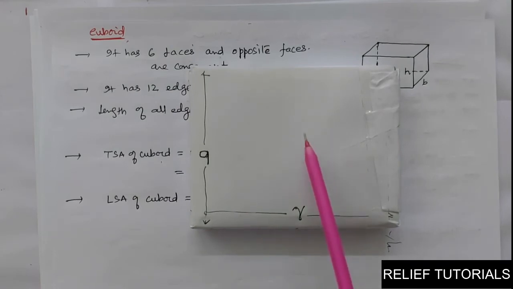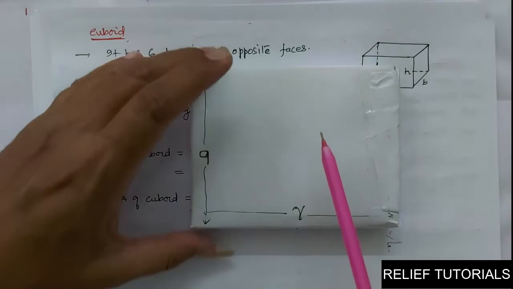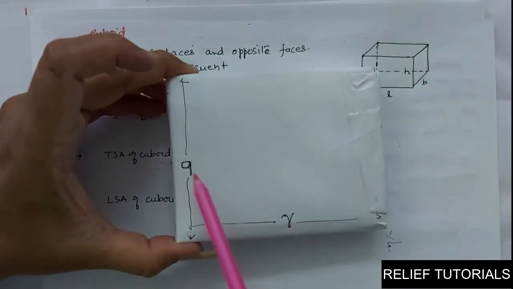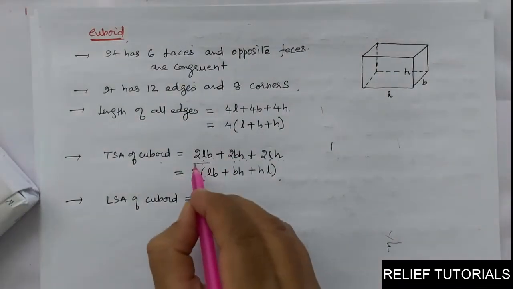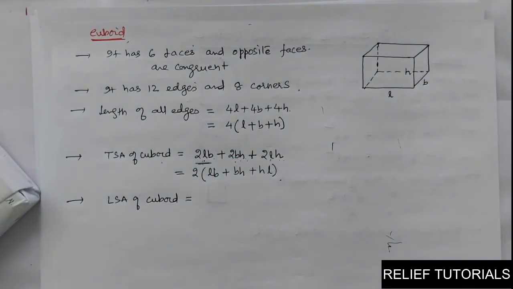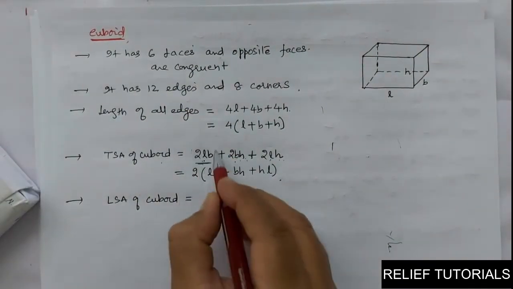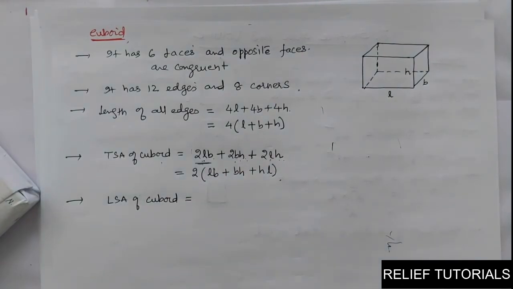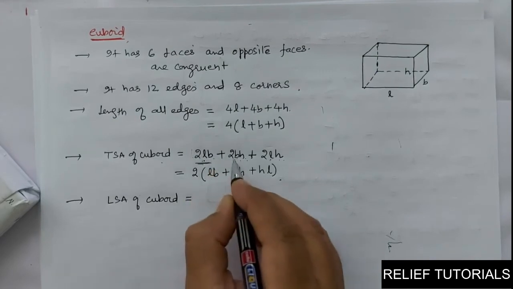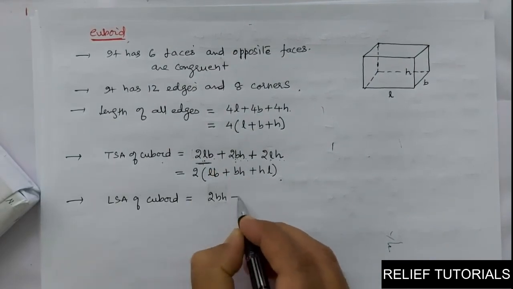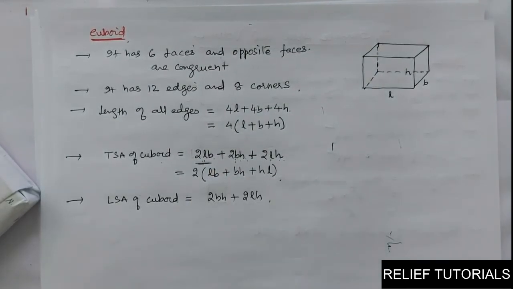So we have to just remove the area of top and area of bottom. That is L into B and L into B. So 2 LB you have to remove. Clear? So lateral surface area means we remove the area of top and bottom. So that is 2 BH plus 2 LH.